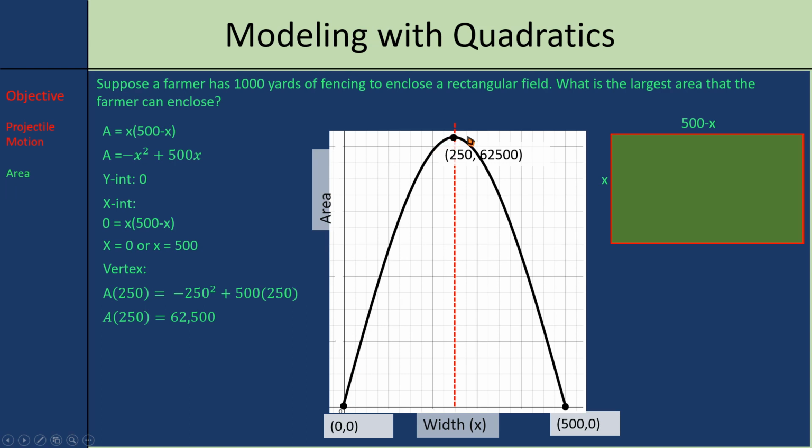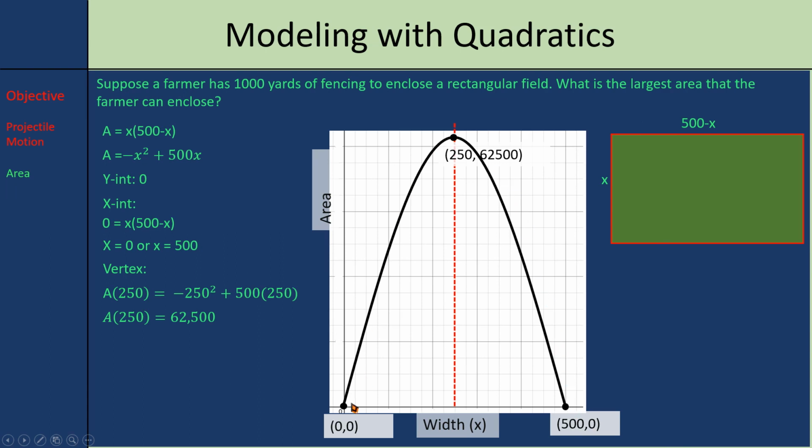The area increases, right? Up to a point where if this is 250, that's the maximum you can get. And then if you get wider and wider, the field gets narrower and skinnier and really skinny. And if it gets to 500 and then 500 back, that's 1,000. See, it's just a line, so it becomes 0 for area again.